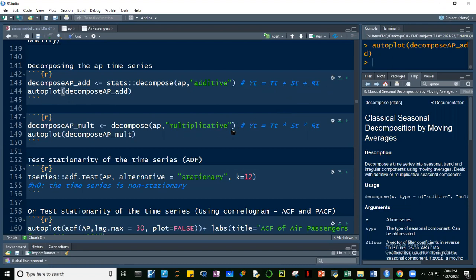Pag multiplicative, yung series natin is equal to the trend times the seasonality times the remainder. So yun ang difference sila, no? Pag nagmo-model tayo ng additive, ganito yung function na ginagamit. Pag nagmo-model ng multiplicative, ganitong function yung ginagamit.